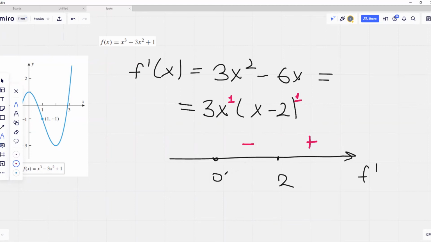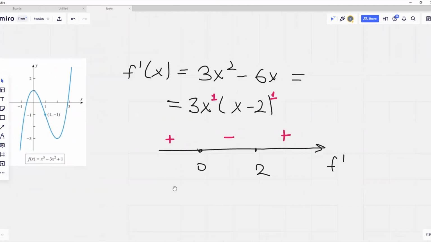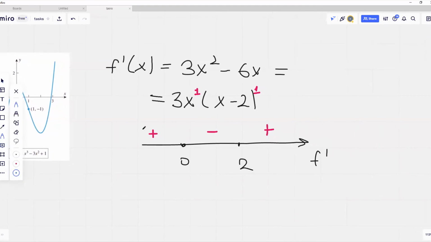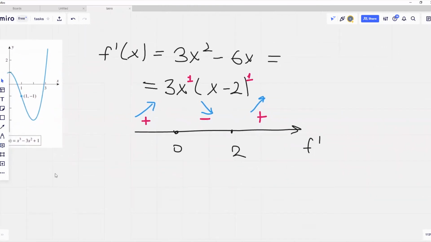On the interval from 0 to 2, f prime is negative, and positive on the interval from minus infinity to 0, meaning that our function is increasing on the interval from minus infinity to 0, decreasing on the interval from 0 to 2, and increasing on the last interval from 2 to plus infinity.